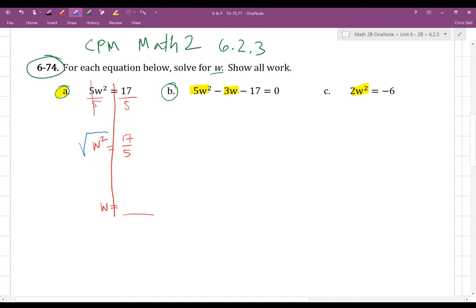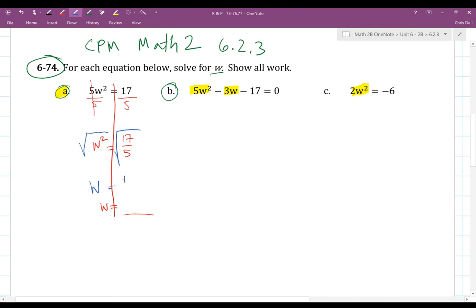If I square root this, the square root of a squared just gives me whatever's inside, in this case just the W. The square root and squared cancel each other out. What I do to one side of an equation, I also have to do to the other. So I end up with the answer of the square root of 17 fifths. Again, 17 fifths is not a perfect square, so I can leave it as is.